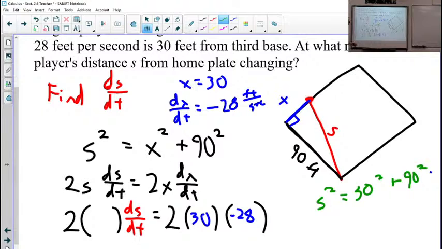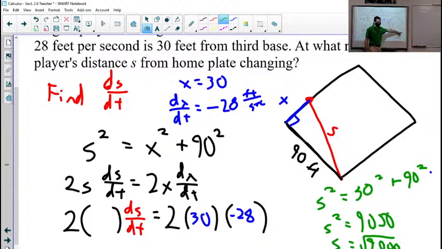S squared is 9,000. This is 8,100. This is 900. So 8,100 and 900 is 9,000.